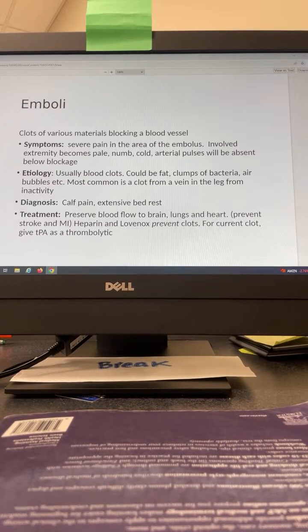Most commonly, the most common cause is a clot from the blood, but usually it starts from a leg vein. So usually people who are very inactive or they've just had surgery and they're in bed and they can't exercise, they can't get out of bed, they're just laying down and the blood is just kind of staying pooled in their lower extremities.